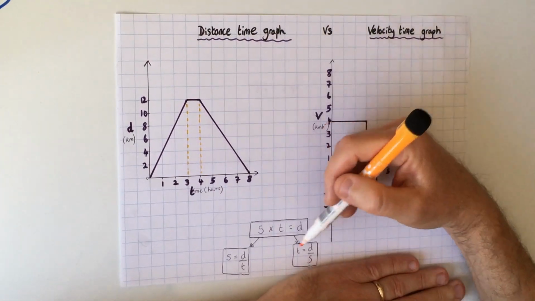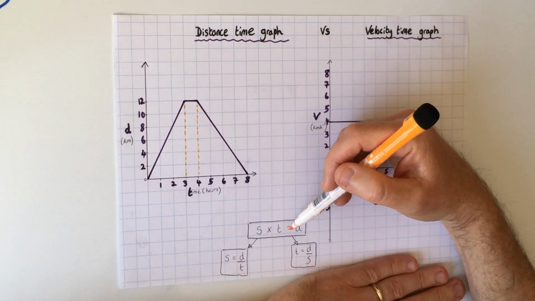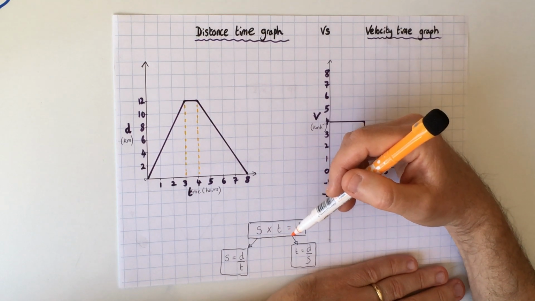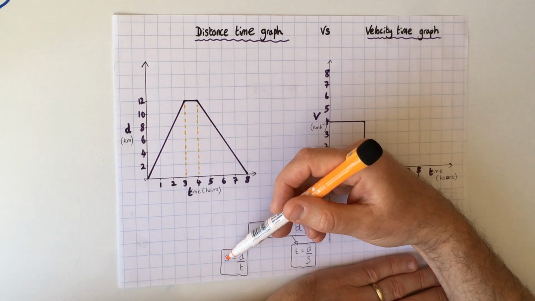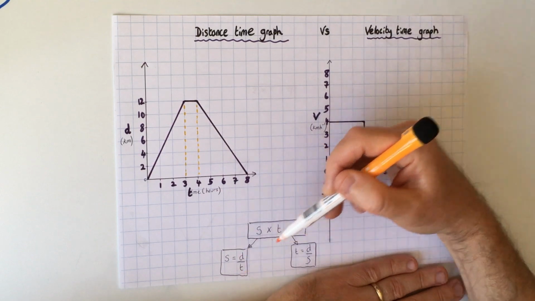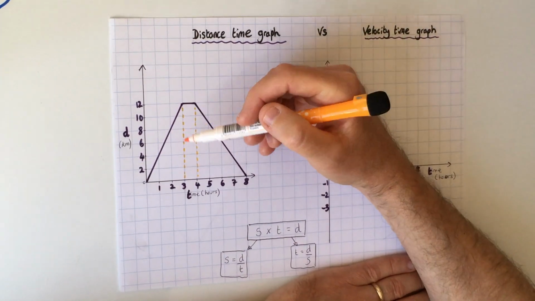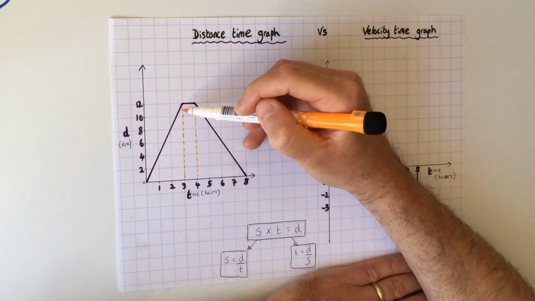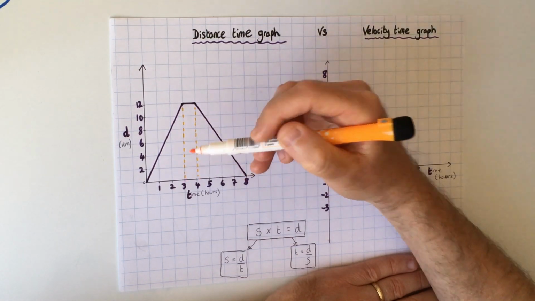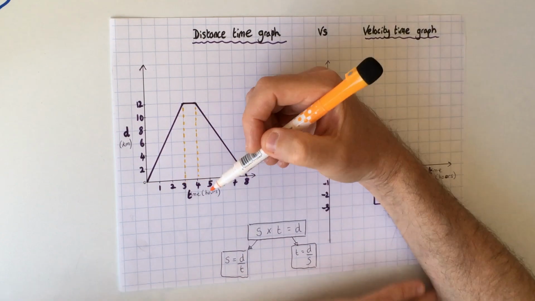You can see that if you rearrange that, then the speed is equal to the distance divided by time, just dividing both sides by time. And that's what we do here. You know that from GCSE. The distance is 12, okay, and you do that over 3 seconds.